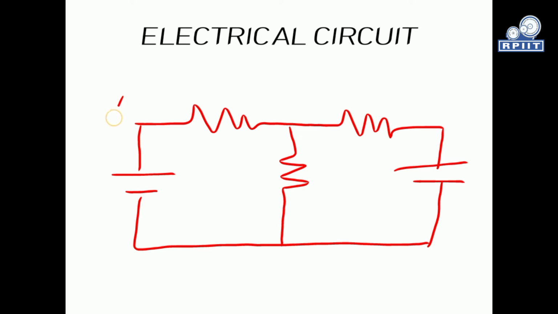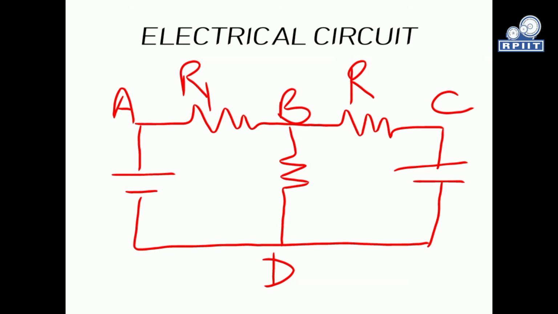These are the naming of terminals A, B, C and D. This resistance is represented by R1, the second by R2, and the third by R3. And these EMF sources are represented by E1 and E2.